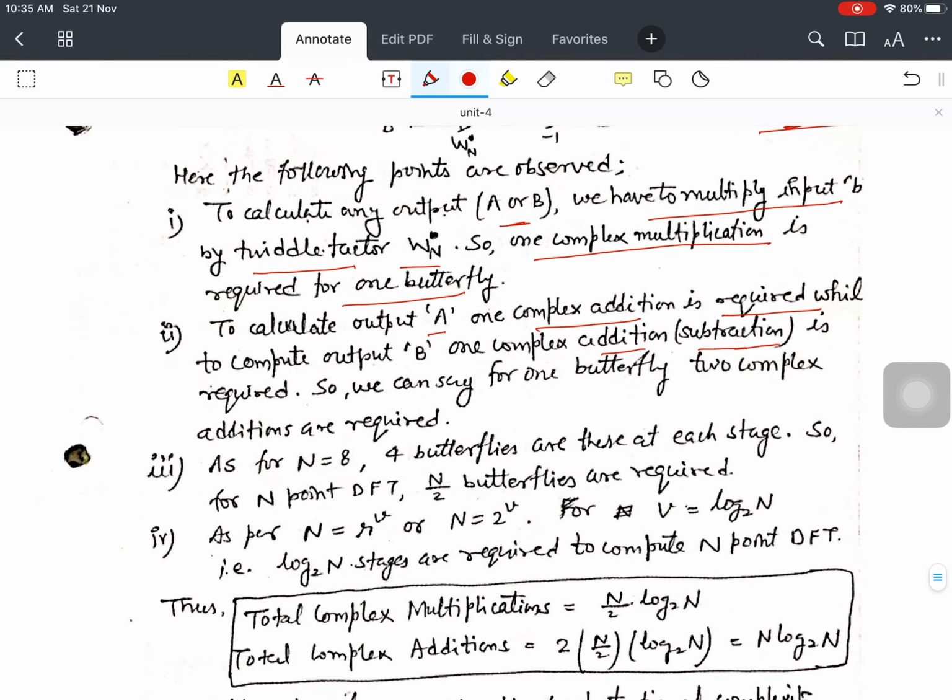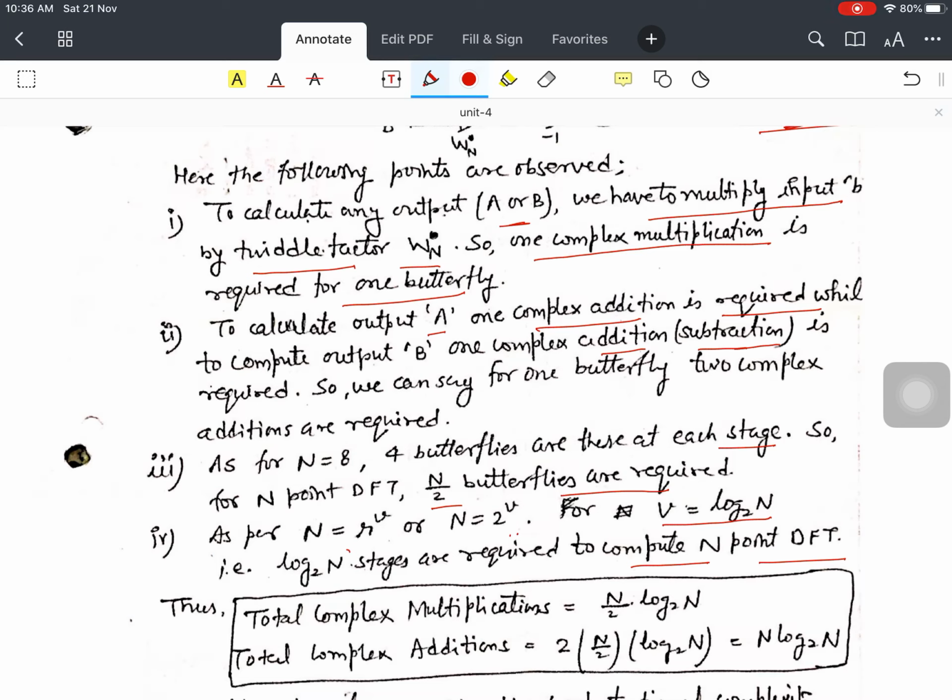Okay. So as for N equal to 8, we are taking N equal to 8, there are 4 butterflies at each stage. So for an N point DFT, N by 2 butterflies are required, where N equal to 2 to the power v, or v equal to log2 N. So log2 N stages are required to compute the N point DFT.